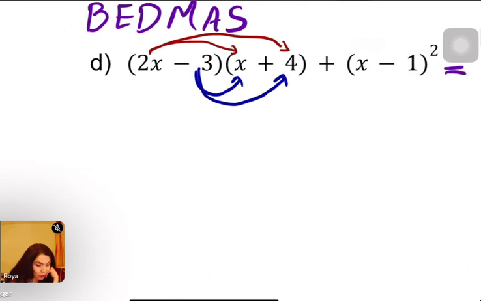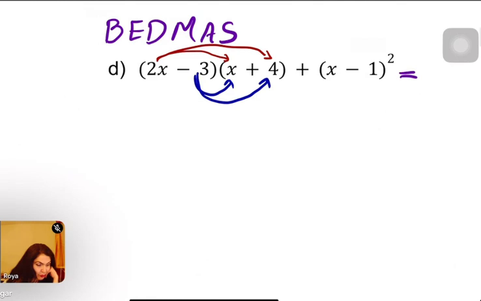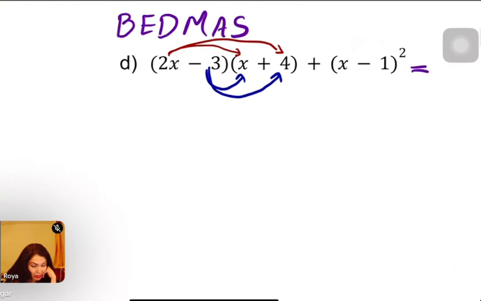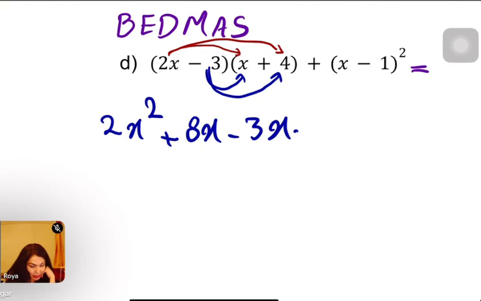So 2x times x is 2x squared plus 8x minus 3x minus 12, plus.